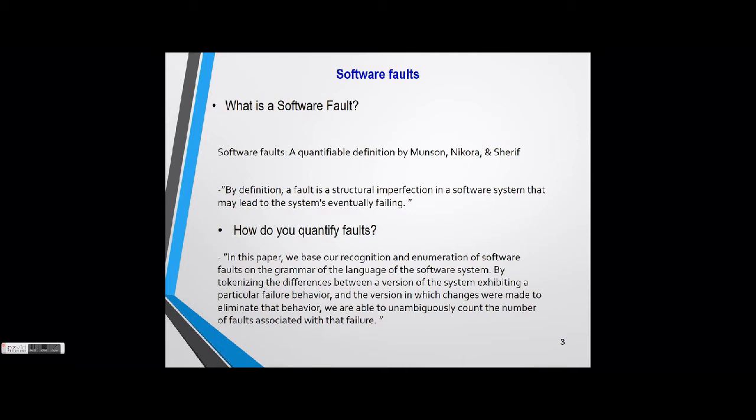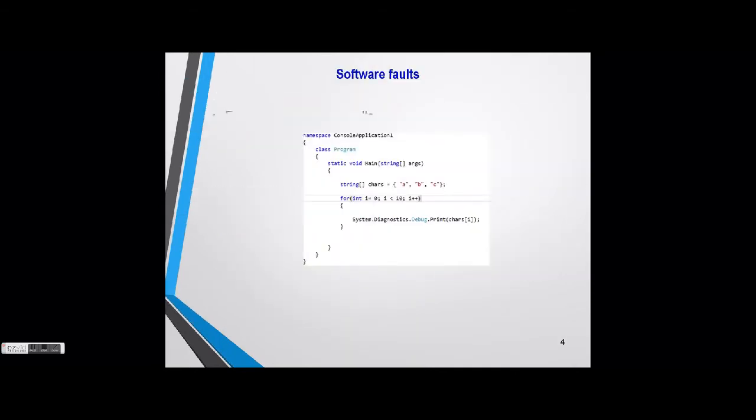It's specifically talking about the number of faults that were found within this software system, and then code was made, pull requests were made that actually changed the behavior of that software, and counting the number of those bugs. So this is very unambiguous, and it quantifies the number of faults.